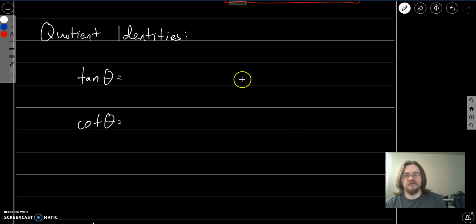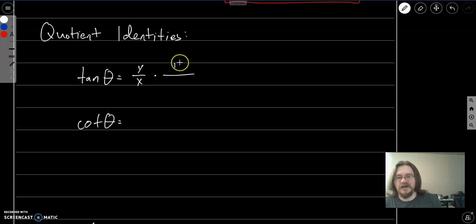So from before, we know that tangent is going to be y divided by x. And here this is going to seem very silly, but I can multiply both the top and the bottom by the same thing. Why am I doing this? Why am I multiplying by 1 over r?